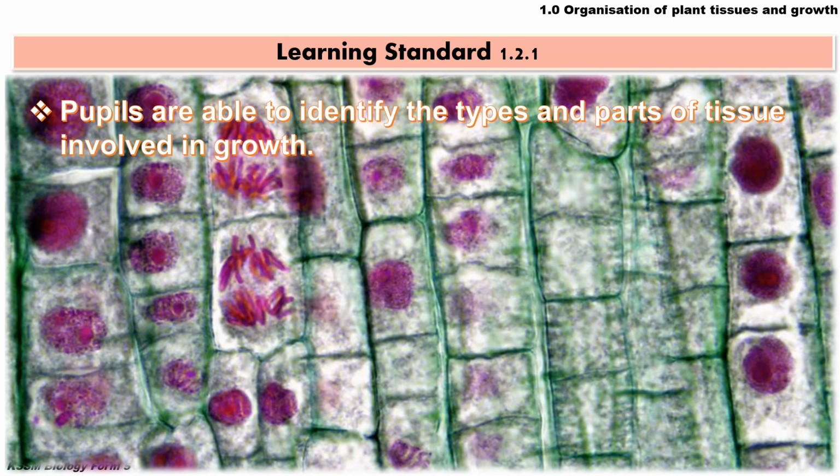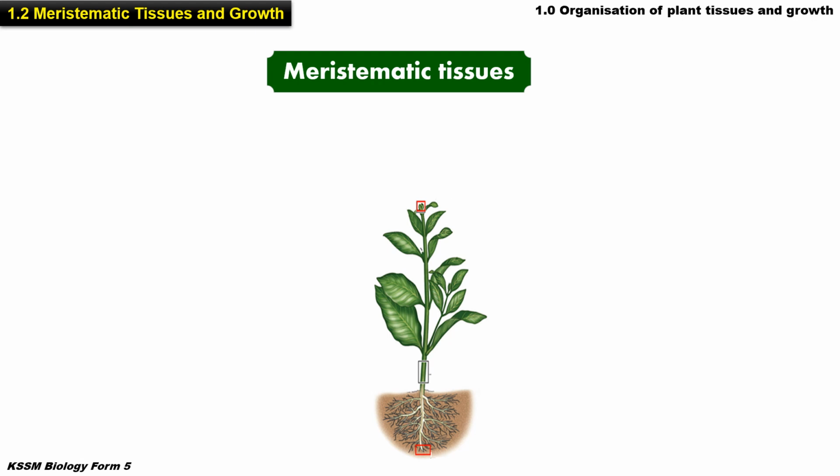Why meristematic tissue? Meristematic tissue is the tissue that is responsible for the plants to grow. Before we go into detail about meristematic tissue, we need to bear in mind how the plant grows. The plant will grow upwards.